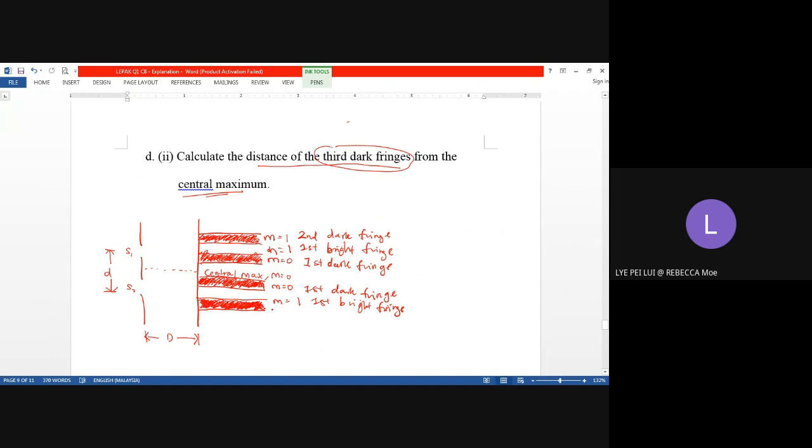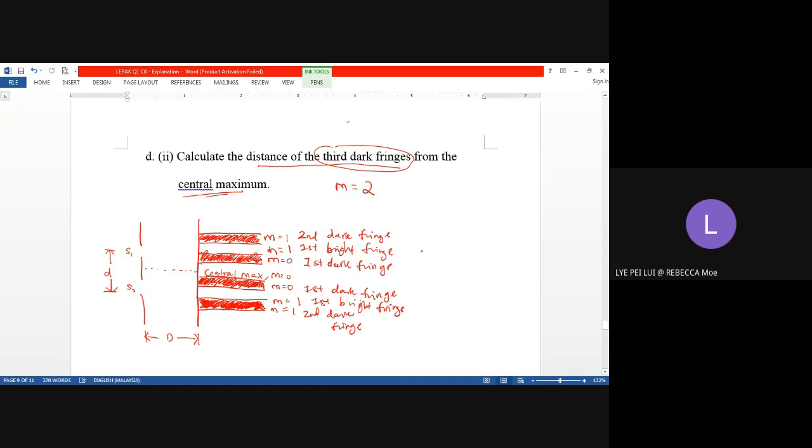When m equals 1, second dark fringe. This one is the third dark fringe, so my m equals 2, the order of the dark fringe.